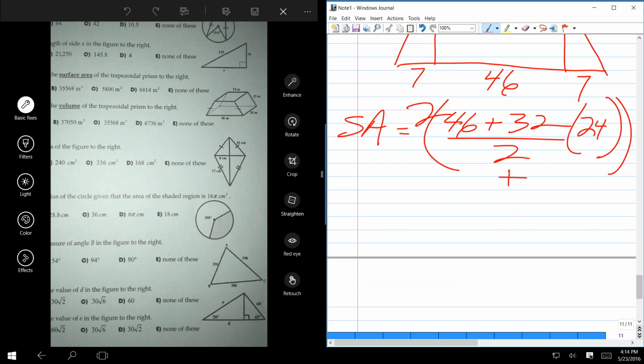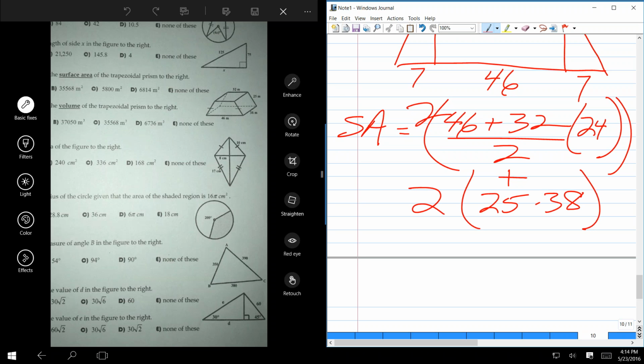The two side ones. So 25 times 38 times 2. Okay. Now we've got all of the lateral faces.